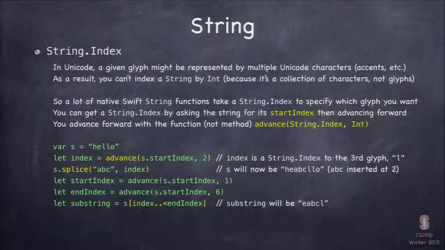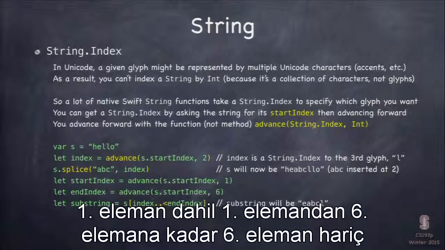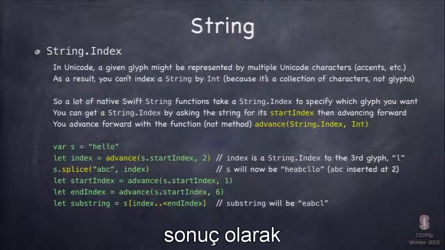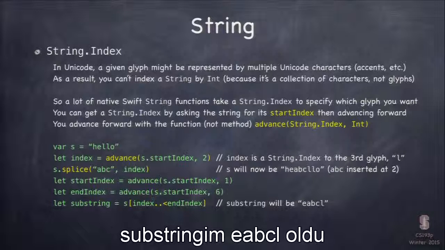So here I got a string dot index by doing this advance for the left and a string dot index on the right, and so the substring will be EABCL, because I went from index 1, which is the second character, index 0 is the first, to index 6, not including index 6.